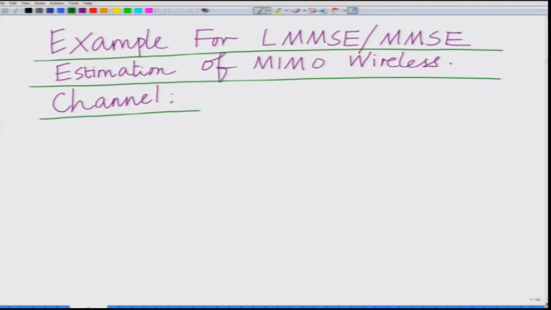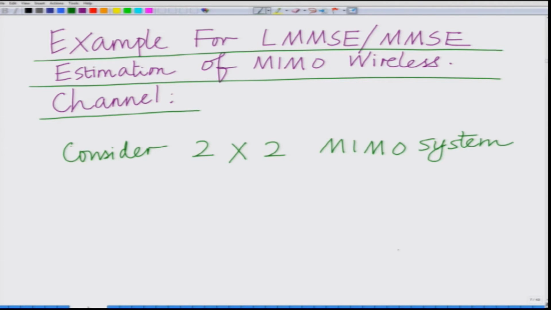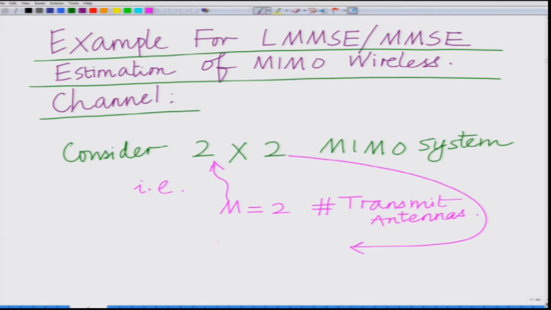Let us consider a 2 cross 2 MIMO system. A 2 cross 2 MIMO channel implies that this is an M cross R system, where M is equal to 2, that is your number of transmit antennas, and R is equal to 2, which is the number of receive antennas.